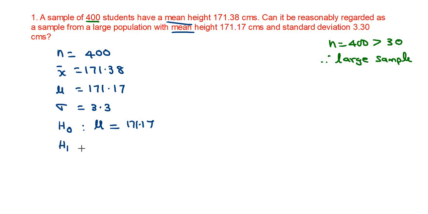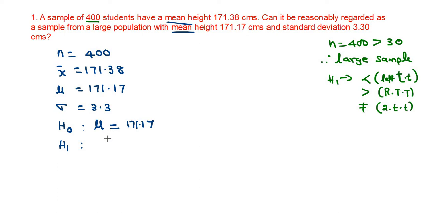So mu is equal to this. Then we have to write H1. This is called alternative hypothesis. This H1 may be less than, greater than, or not equal to. If it is less than, then we say it is left-tailed test, one-tailed test. If we have greater than, then we can say right-tailed test. And if it is not equal to, then it is called two-tailed test. So if we are going to write not equal to here, then it is two-tailed test.